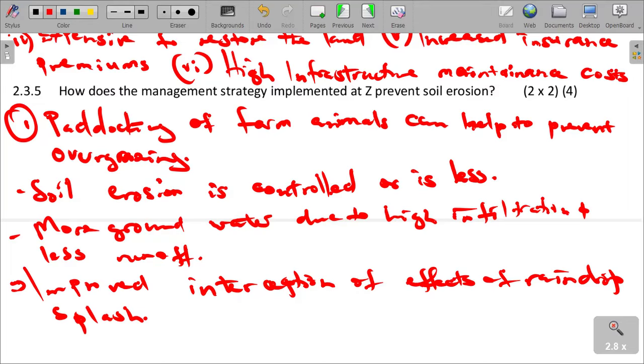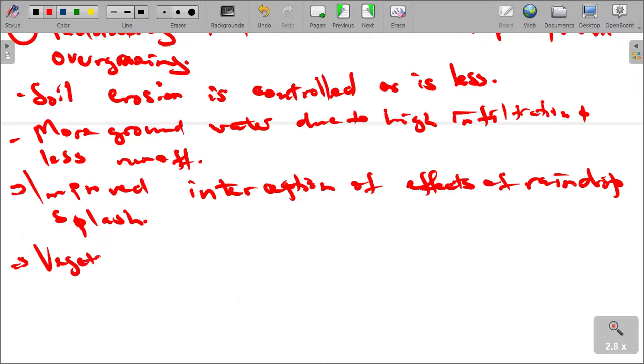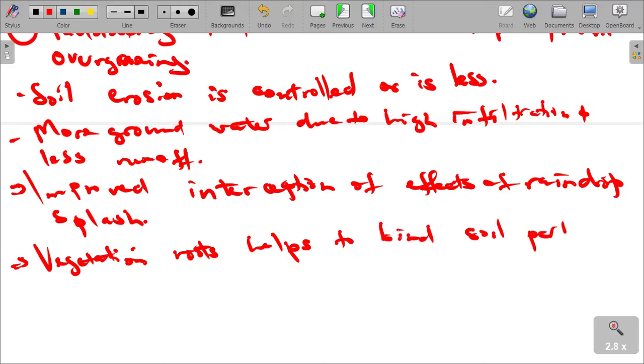Plant roots, vegetation roots, help to bind soils together, soil particles together, and reduce erosion.